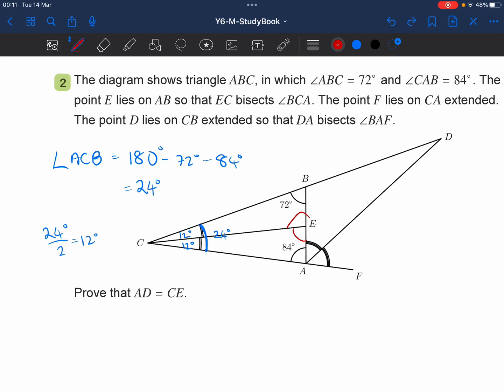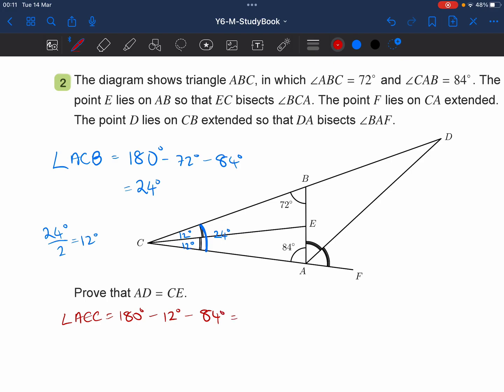By looking at the triangle ACE, we can find the angle at E, so that's AEC. Angle AEC is going to be equal to 180 degrees, which is the total in the triangle, minus the 12 degrees, which we've worked out, and also minus the 84 degrees, which we already know.